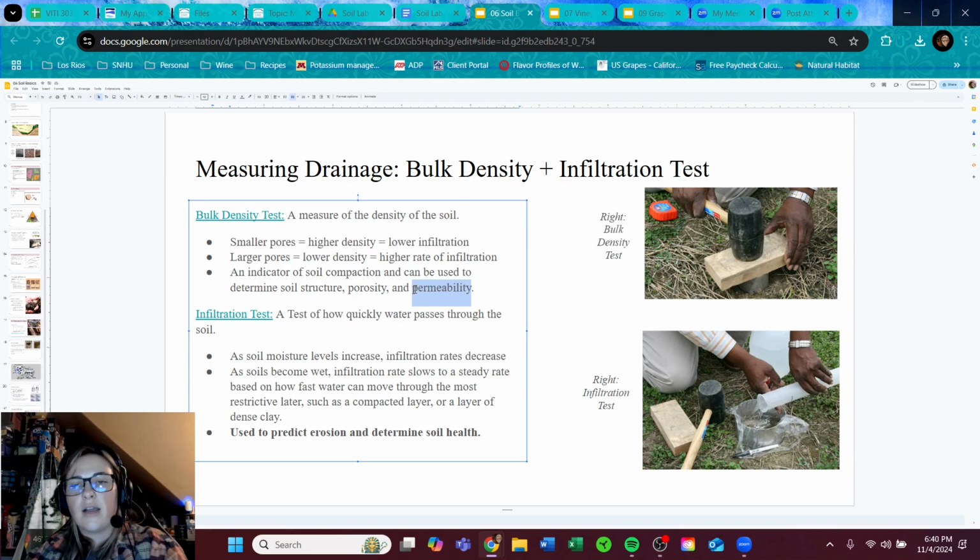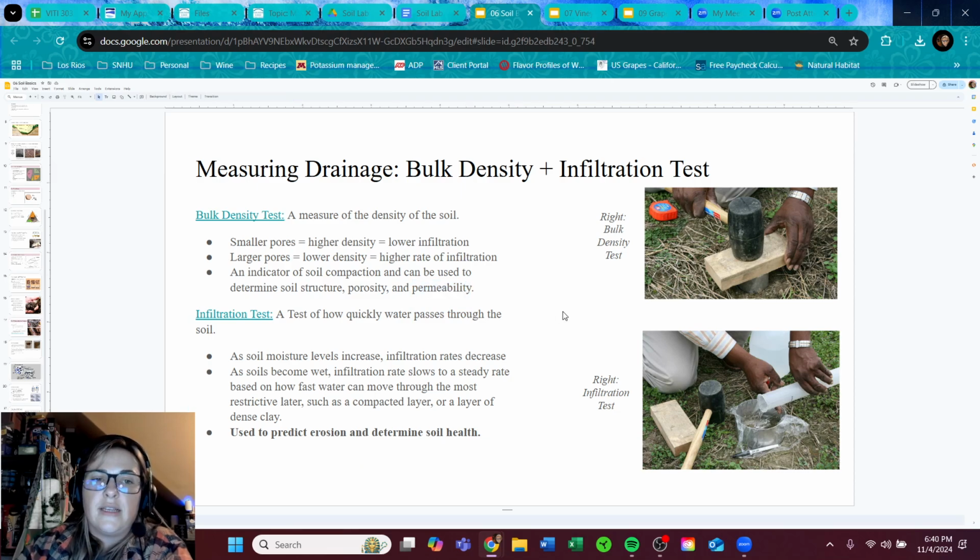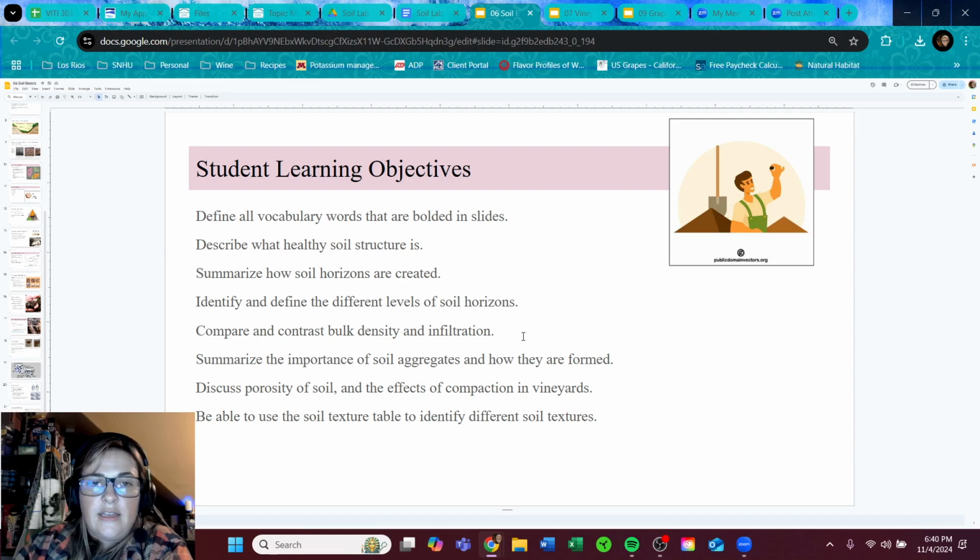Why do we care about this test? How does this reflect the health of the vineyard? That is what I'm trying to say. So know the test, know what it does specifically, and what it's testing for in the vineyard are the most important takeaways I want you guys to take from this. So bulk density, the infiltration test, and then we go over a couple more in the lab.